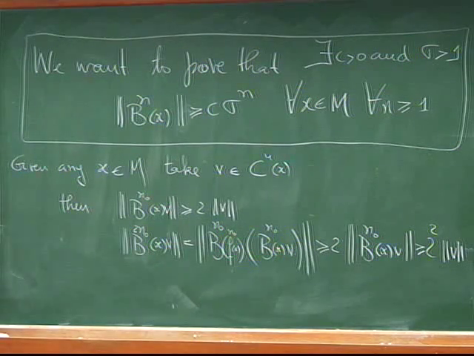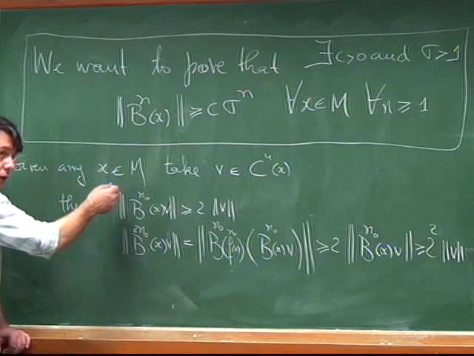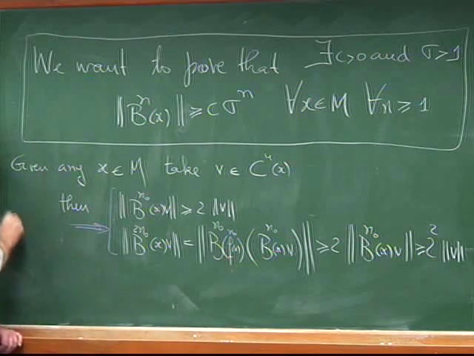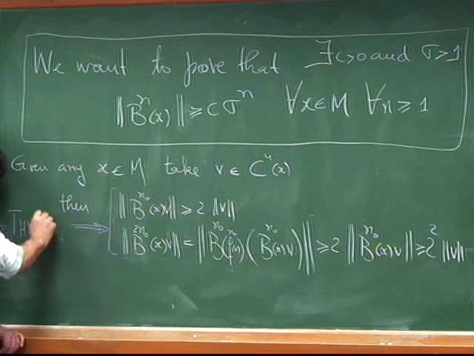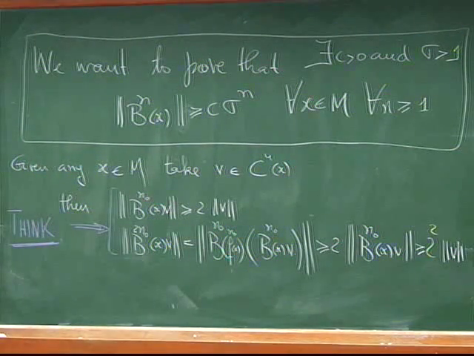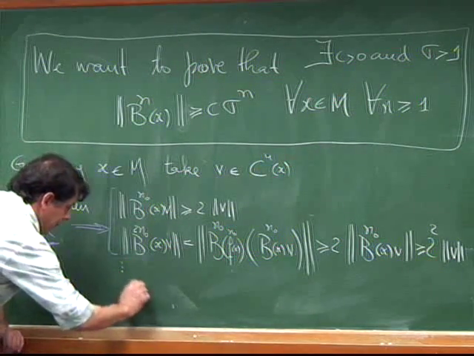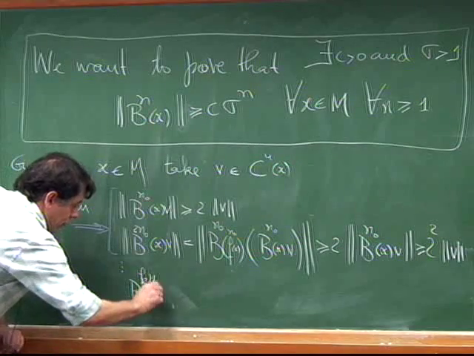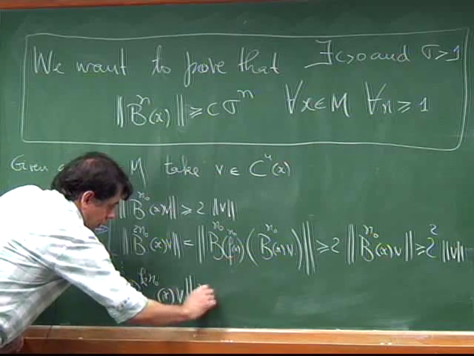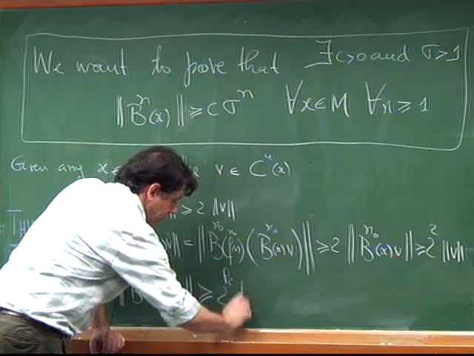Okay? So once this, I know that you are tired, we are over time already, but think about this, because that's where the proof makes sense. Okay? The rest is the rest. So you repeat this argument: B^kn0(x)v is larger than 2 to the k times the norm of v.